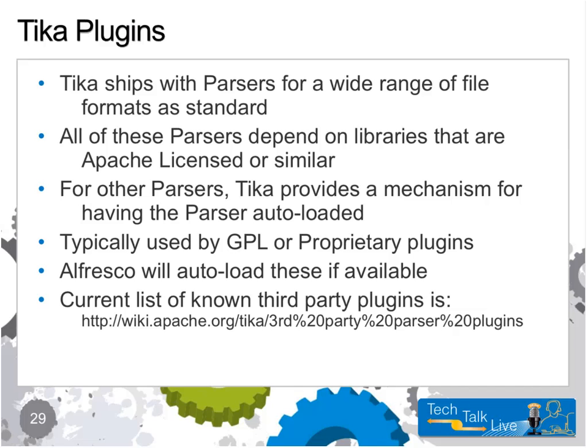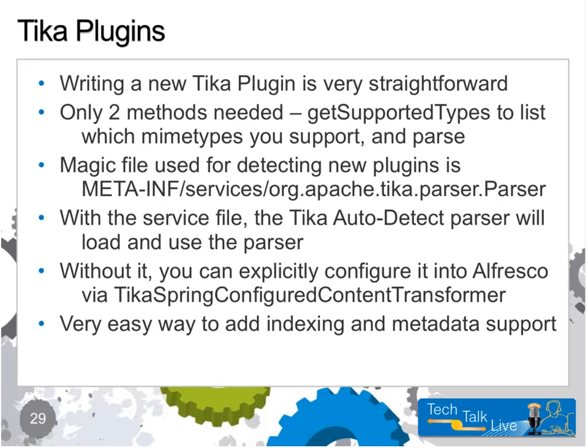But the plugin interface is available, so let's say you have your own in-house Java library for working with a file format that's completely specific to your company, and you want to get text indexing of it going in Alfresco. Probably the simplest way is to write your own Tika plugin, drop your Java library and the Tika plugin on the Alfresco class path, and see it appear.